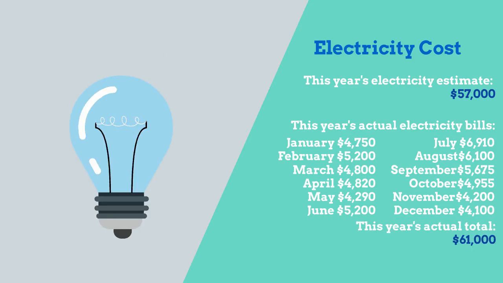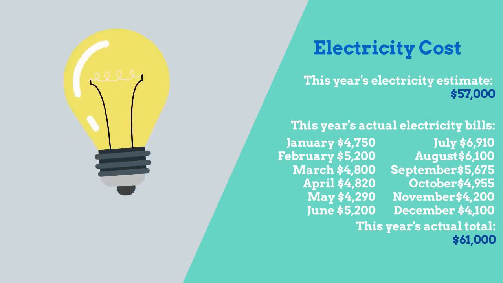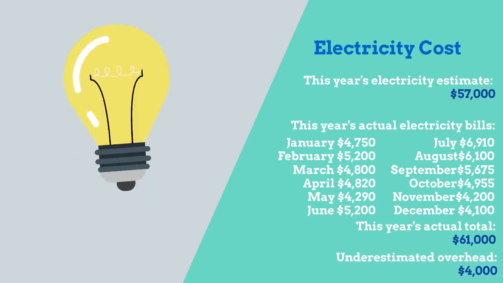We estimated a total of $57,000, but actually had a cost of $61,000. We were pretty close, but off by $4,000. That means we underestimated the overhead. Why is this important?